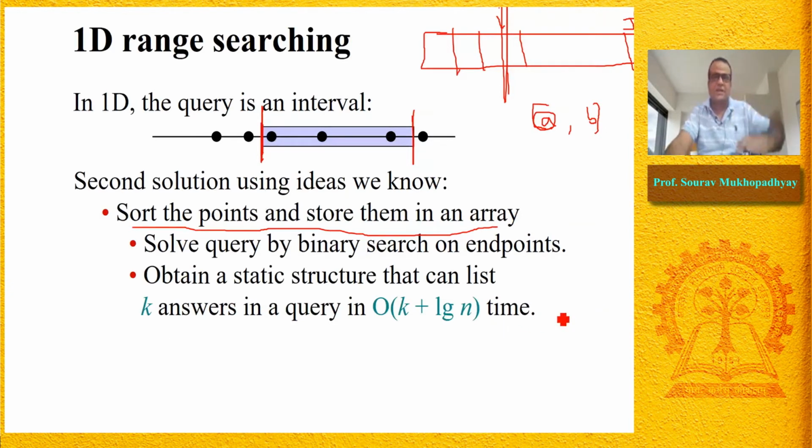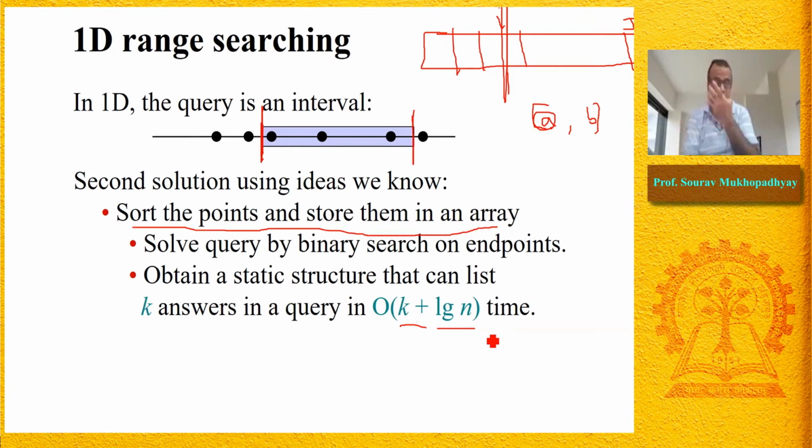After that, how many binary searches are we doing? 2 times, with A and with B. So it will be 2 log n. And after getting this position, if we have to report all the k points, then it will be k plus log n. Is it okay? So this is our goal.